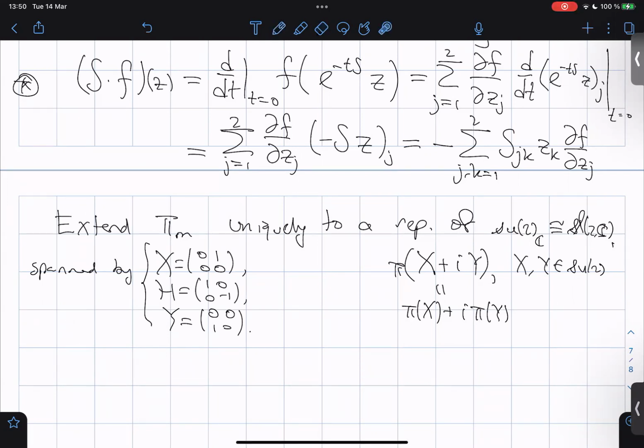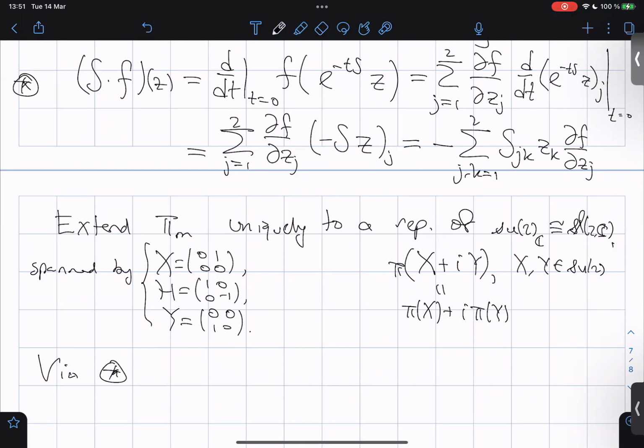So these are the specific elements that we're going to be looking at. These exist in this complexification. We're going to let them act via this formula, to get the following ways of realizing the action.